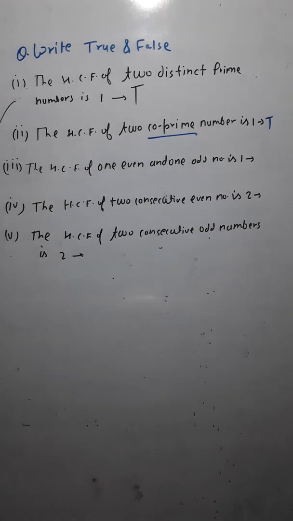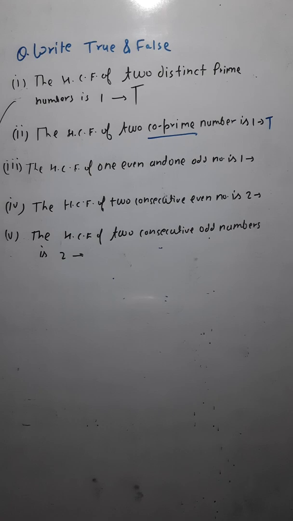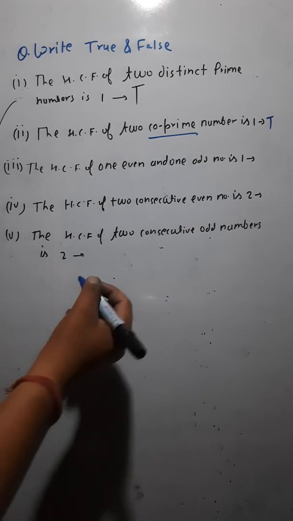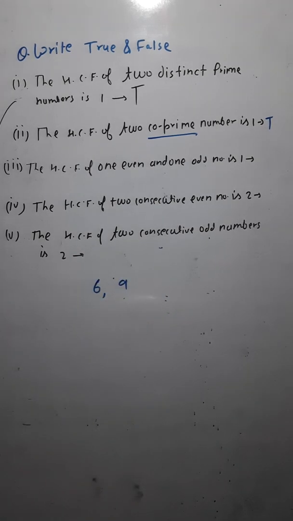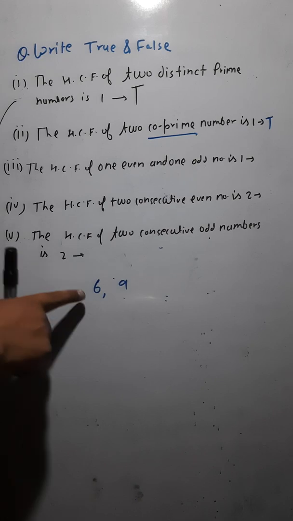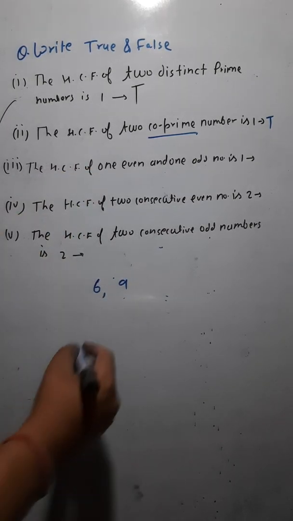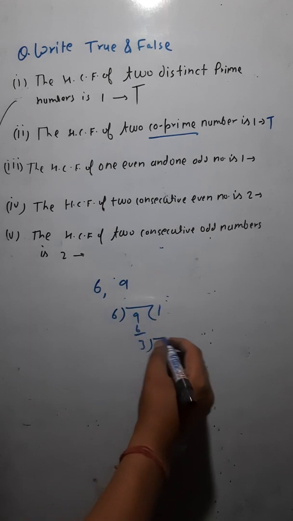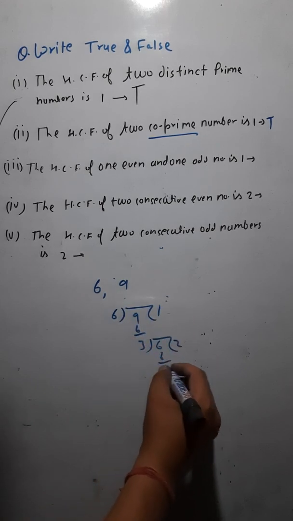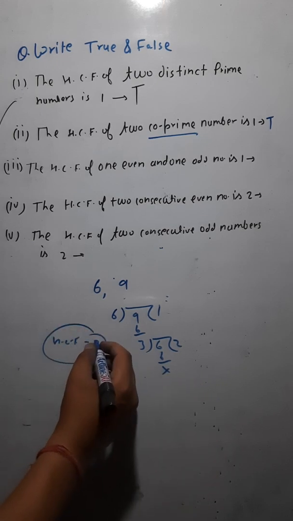Next is: the HCF of one even and one odd number is 1. Just take an example of an even and an odd number. Let's say 6 is even and 9 is odd. Now find out the HCF. Dividing 9 by 6, the remainder is 3. Divide 6 by 3, and the HCF is 3, not 1.